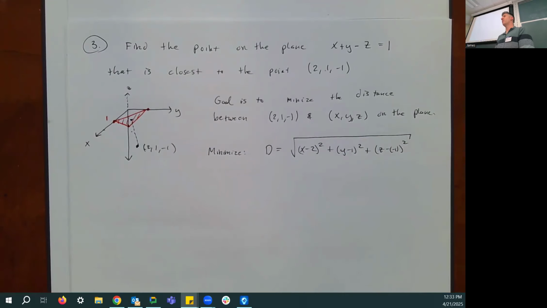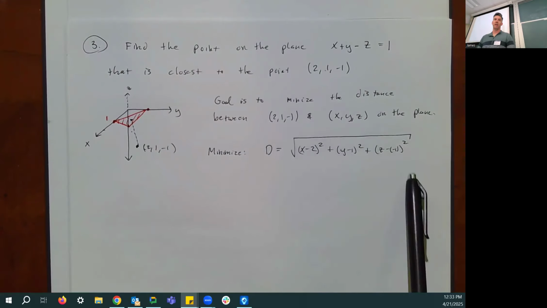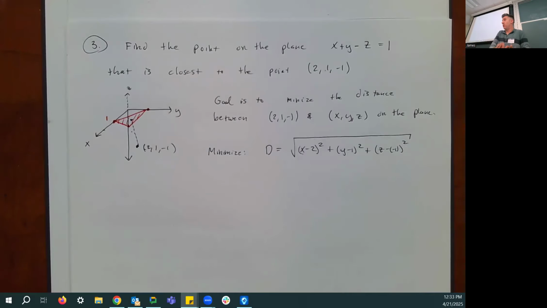Now, there's one thing we almost always do with a problem like this to make it easier from the get-go, and that is we drop the square root. Or what we really do is we say, well, if you're trying to make this quantity as small as possible, you have to make the thing inside the radical as small as possible, right? The smaller the inside is, the smaller the output's going to be. So if we make the argument of the radical as small as possible, we will have minimized the distance.